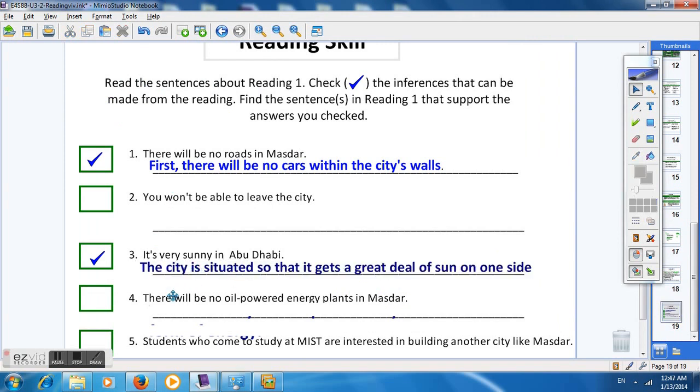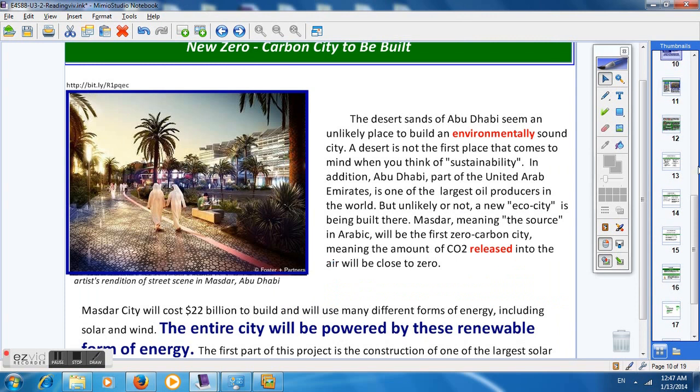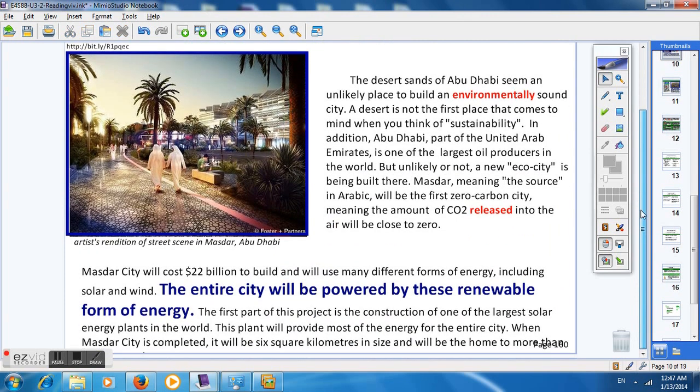How about number 4? There will be no oil-powered energy plants in Masdar. Again, that is also a tick. And that is on the very first page of reading 1. The entire city will be powered by these renewable forms of energy.